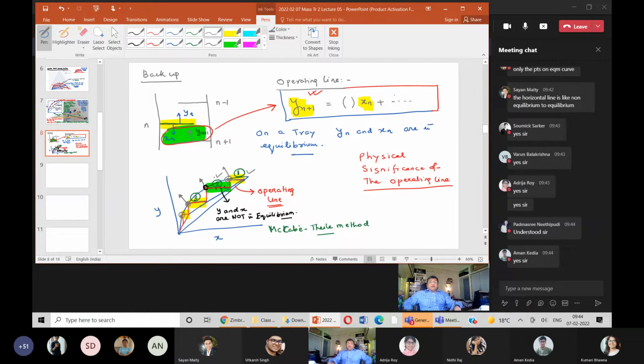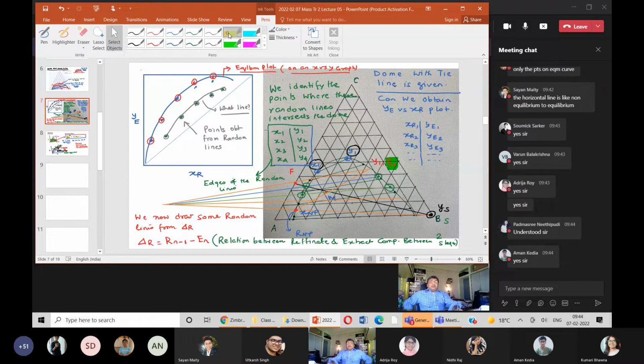If now that is clear to all, now kindly draw your attention to these x1 and y1, x2 and y2, x3 and y3. What are these? These are the edges of the random lines drawn from delta, right? But what are these?